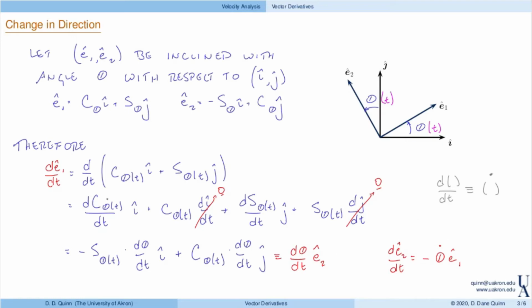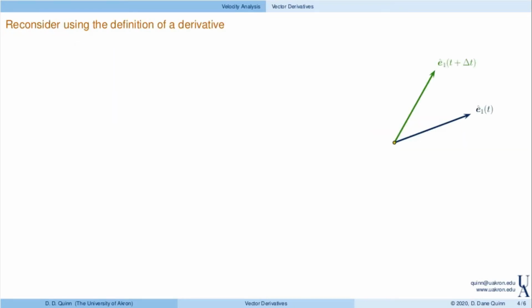So here we have the derivative of E1 and the derivative of E2 from a very constructive point of view. So I went and I wrote it in terms of I and j, and then I took the derivative like we would normally do. And then I put it back in terms of E1 and E2. But I can reconsider this in a more geometric way using the definition of the derivative.